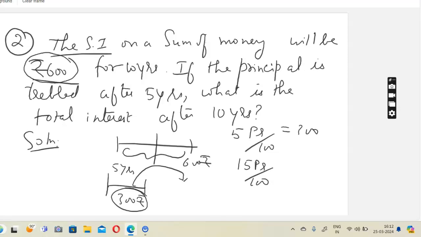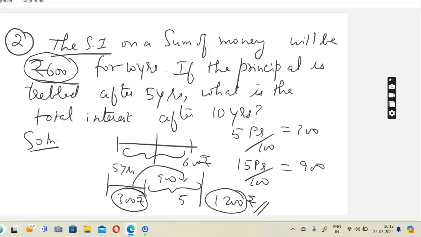Now instead of P we are applying 3P. It will be 900. So for the next 5 years, the interest will be 900. So put together, the final interest after 10 years will be 1200. So this is our final answer, right? So the logic is this way. Okay, so let's go to the next sum.